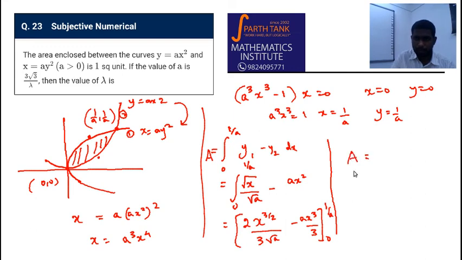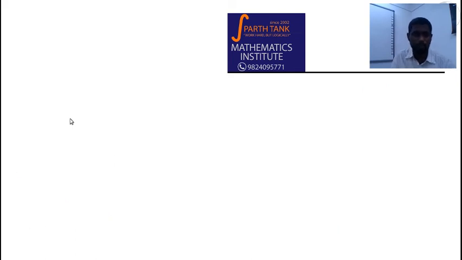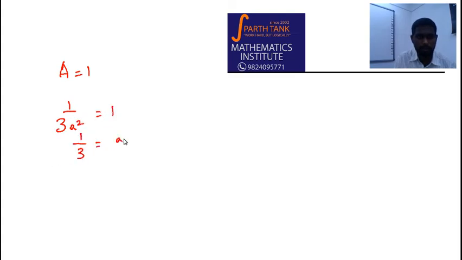Now therefore area is going to become, if I substitute 1 by a here, 2 times this 1 by a root a, into root a, minus a into 1 by 3 a cube, or this is 2 by 3 a squared minus a and a cube is cancelled to give 1 by 3 a squared, or the answer is 1 by 3 a squared, and this area is given to be 1. Therefore 1 by 3 a squared is 1, or 1 by 3 is a squared. Therefore a is plus or minus 1 by root 3.